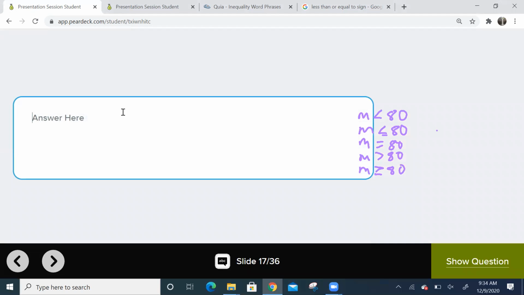So let's see, we got m is less than 80. We got m is less than or equal to 80. We got m equals 80. And we have m is greater than 80. And we have m is greater than or equal.